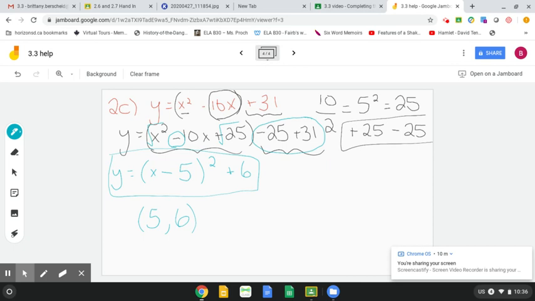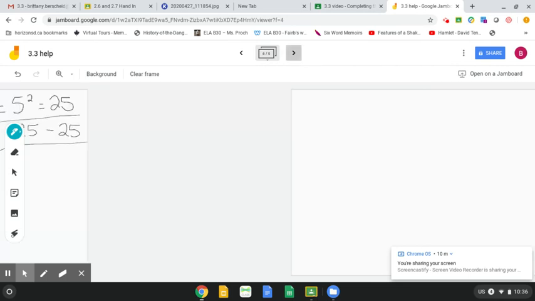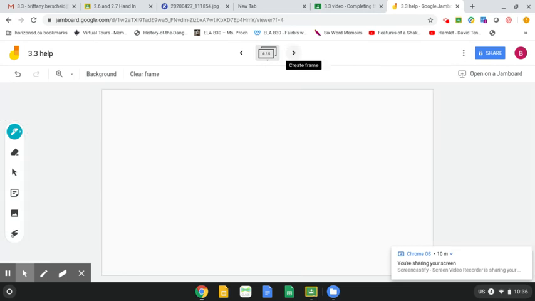Where these questions do get a little trickier are in questions like 3. So I'm going to do number 3 here. So 3, I'm going to go right to C. Okay? So 3C is basically, you just got to complete the square, but this is what you get. 3x squared. Oh, whoops.